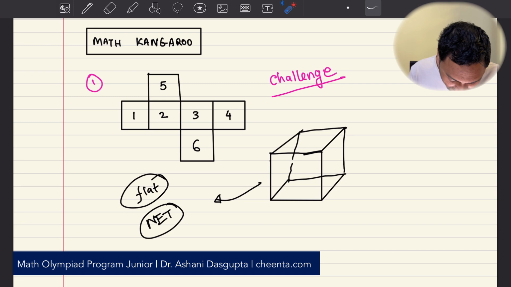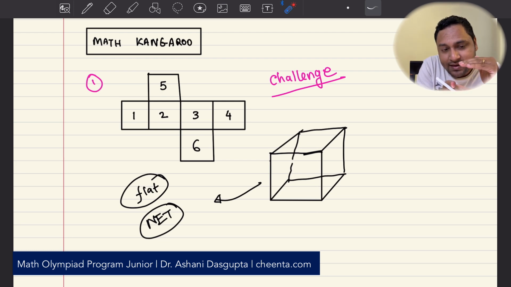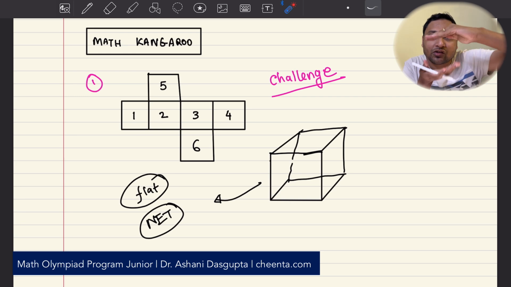That's the question. So the trick, I mean, of course, you can just observe and try and do this. That's fine. That's part of pattern recognition. But in this video, we will learn to think methodically. So when we look at two opposite faces, the way we're going to think about it is that they are only one square apart, which means there is exactly one square between two opposite faces.